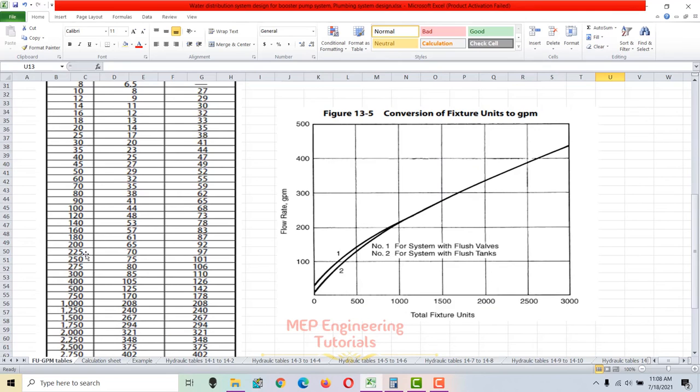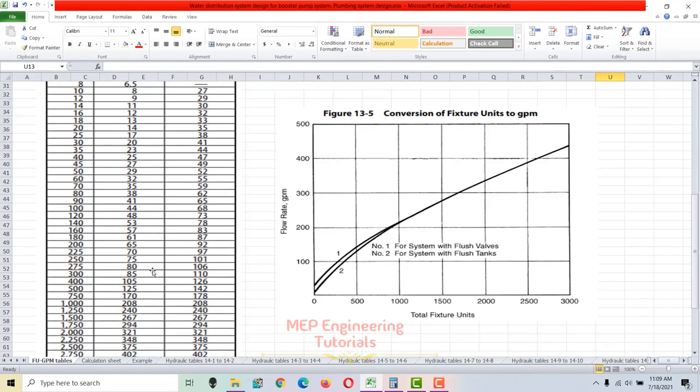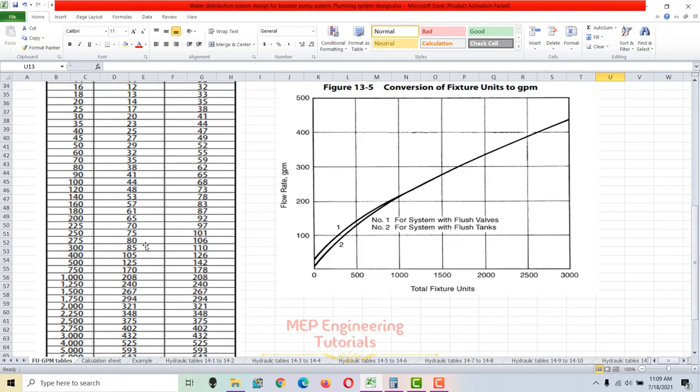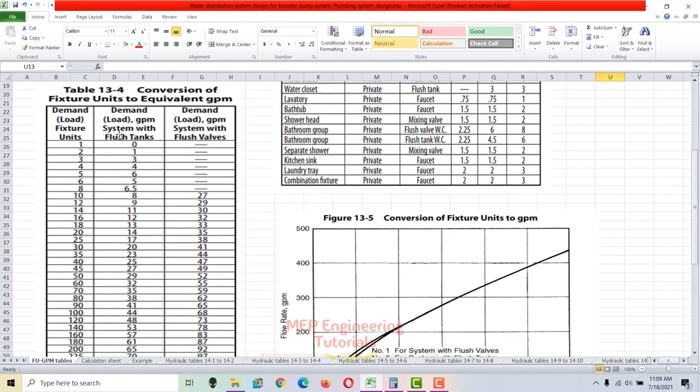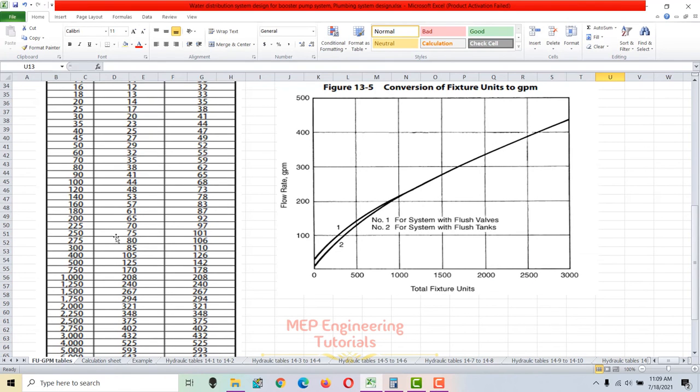But at this point, for hot water pipe sizing, you have to use the flush tanks column, not the flush valves column, because we don't have water closets and urinals included in the hot water piping system. So we have to use flush tank this time for the hot water pipe sizing.